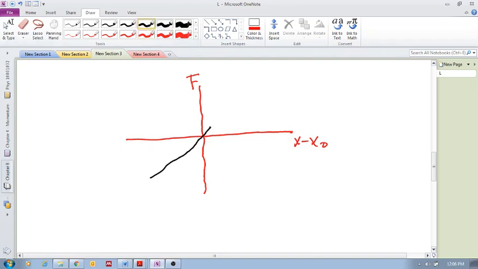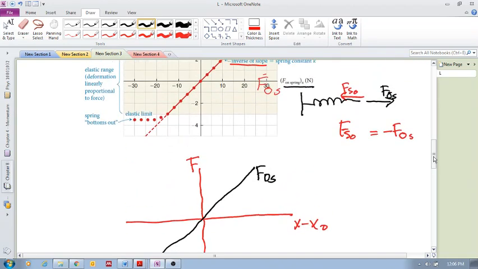This curve would be the force of the object on the spring. Remember, they are directly proportional. Say now we've got force and deflection. Then this straight line, which has a positive slope, refers to the force of the object on the spring.